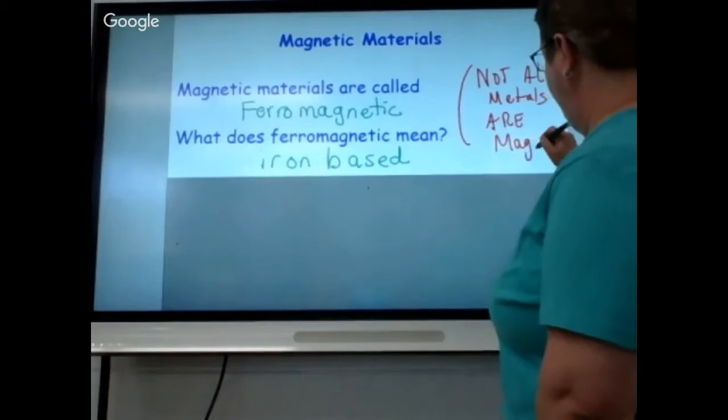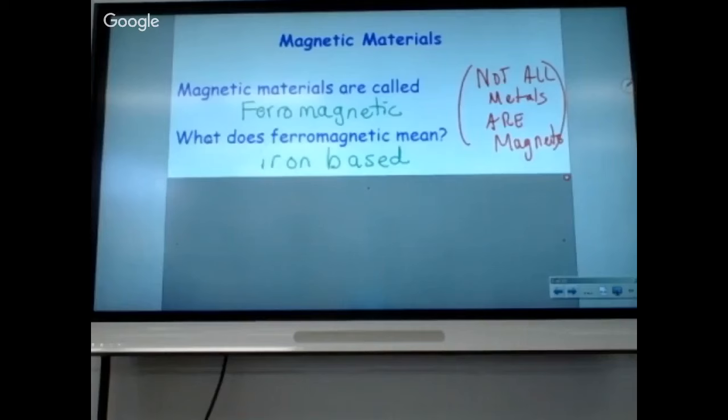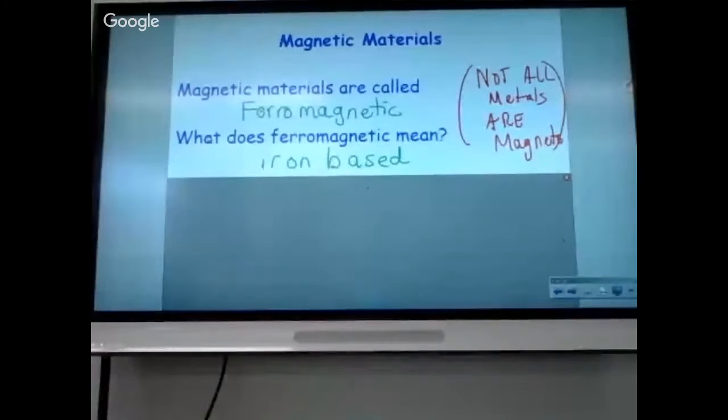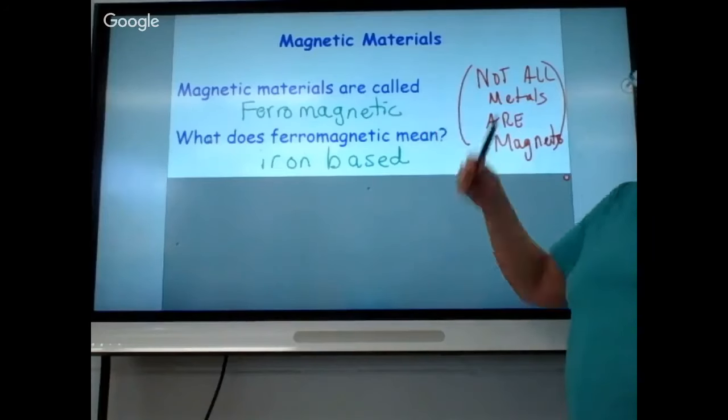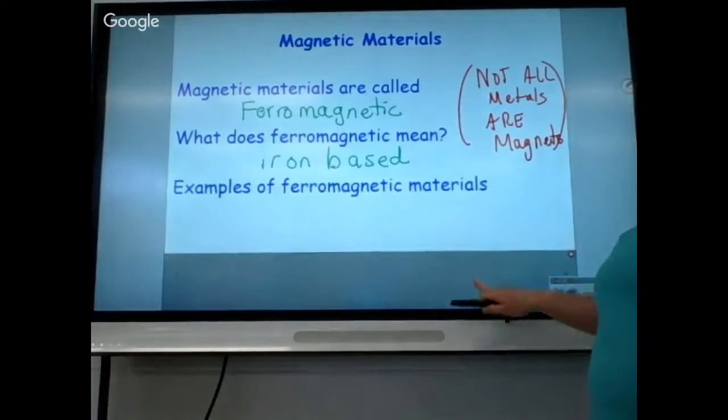That is the biggest thing you need to keep track of. Only certain metals are magnets, and they have to be what kind? Ferromagnetic. And I'm getting ready to tell you which ones those are.